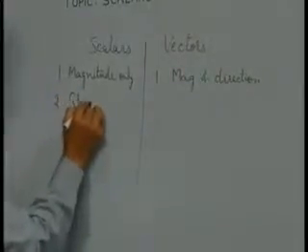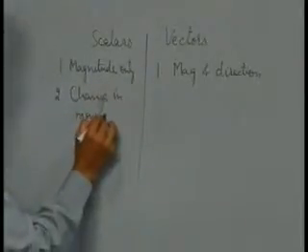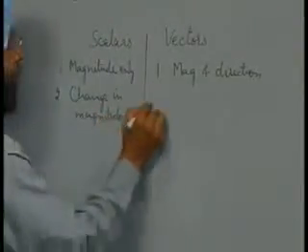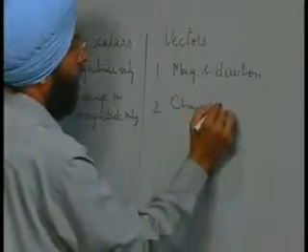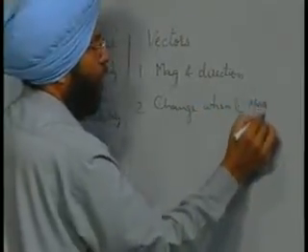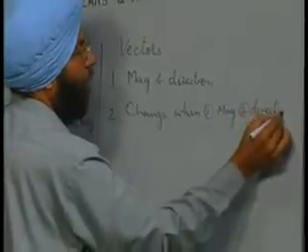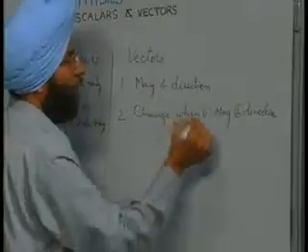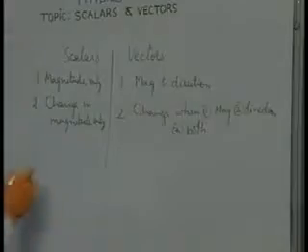Scalars change in magnitude only. Vectors change when, number 1, their magnitude changes, number 2, their direction changes, and number 3, when both magnitude and direction change.